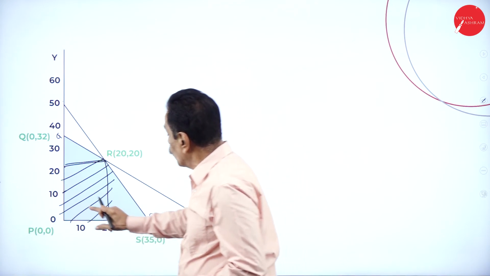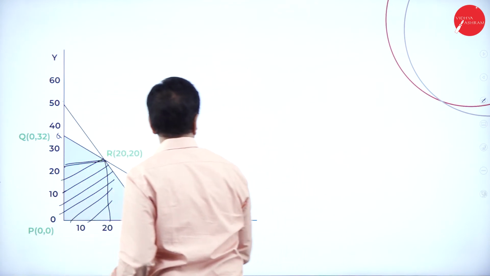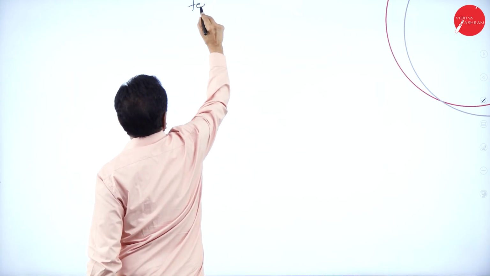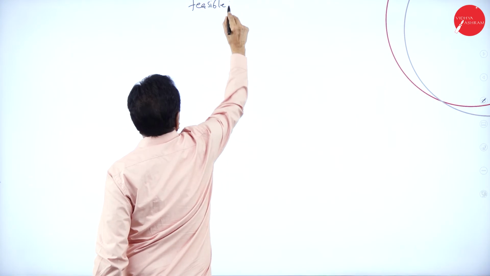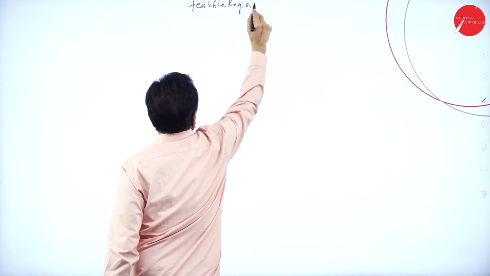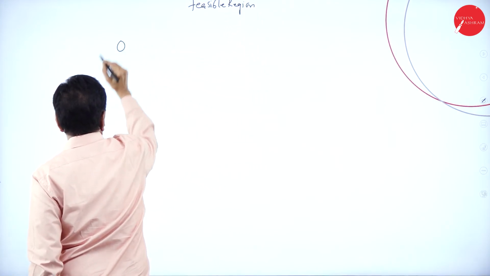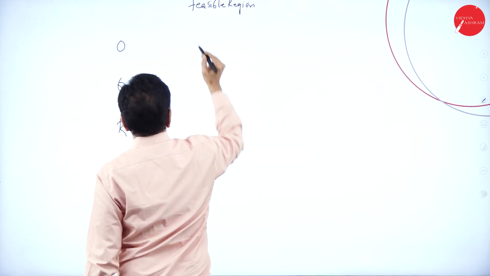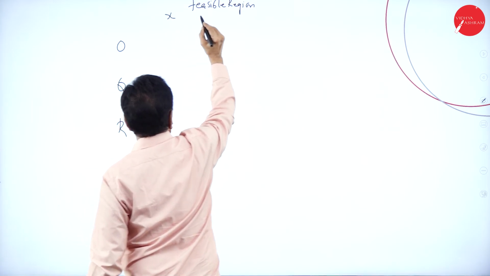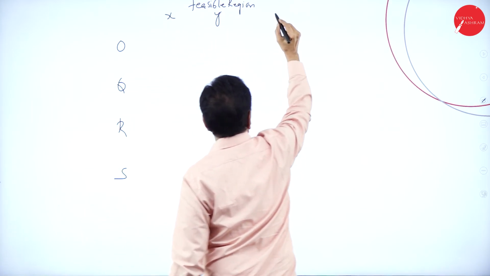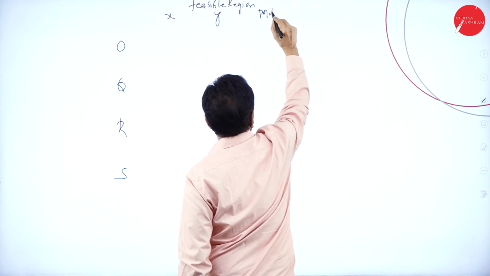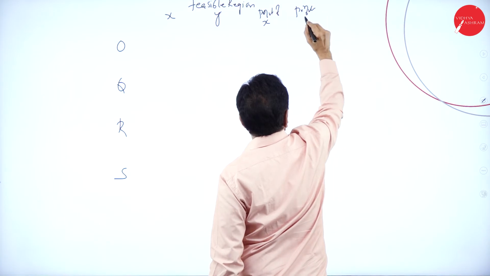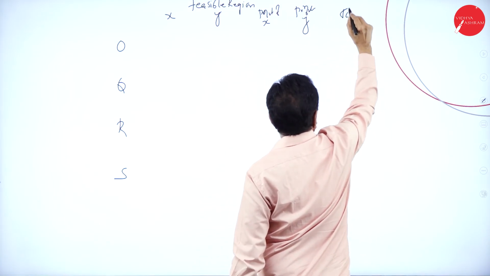So the four points are O, Q, R, S. This is the feasible region. Here we take X units, Y units, profit of X, profit of Y, and total profit.